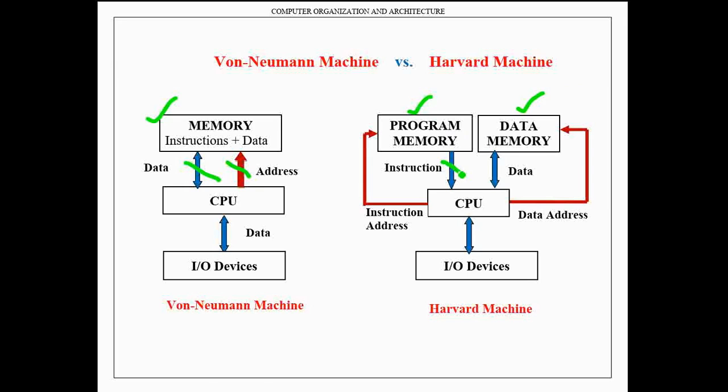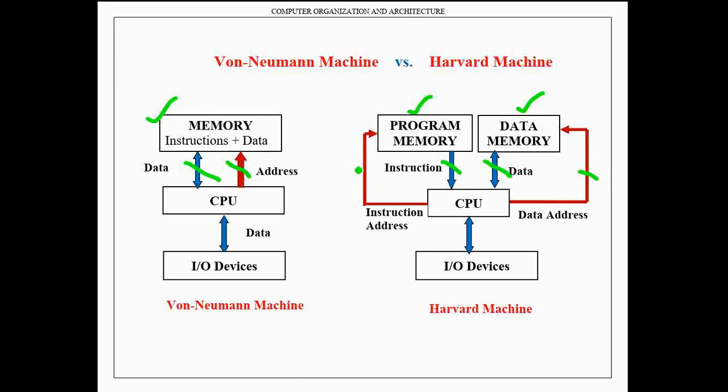Here, this line indicates the instruction bus, which is used for transmitting instructions from program memory to the processor. This line indicates the data bus, which is used for transmitting data to and from memory. This line indicates the data address bus, which specifies the address for data memory.